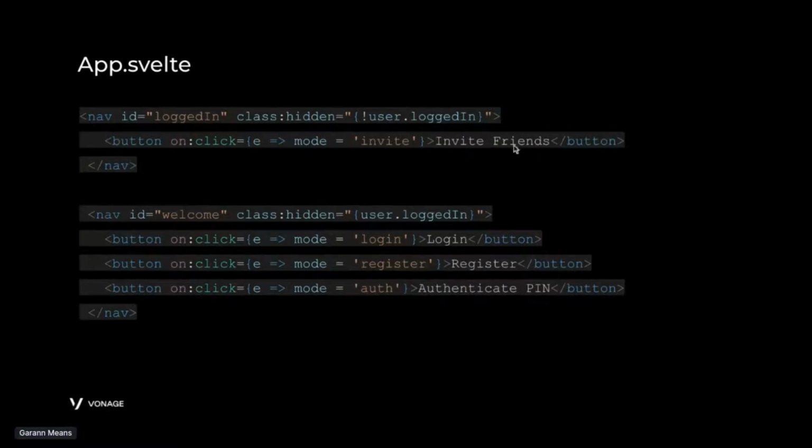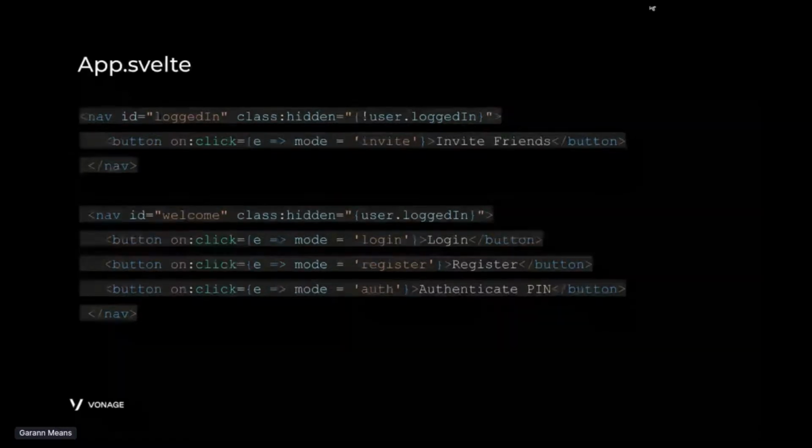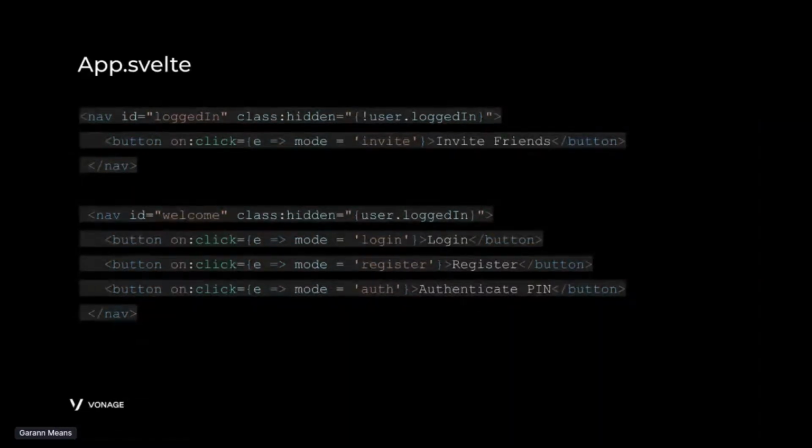So this is, if you've never worked with Svelte before, a little indication of about how complex this is going to get. So we're going to use the class hidden, which is just display none in the CSS, to hide things that we don't want to show.